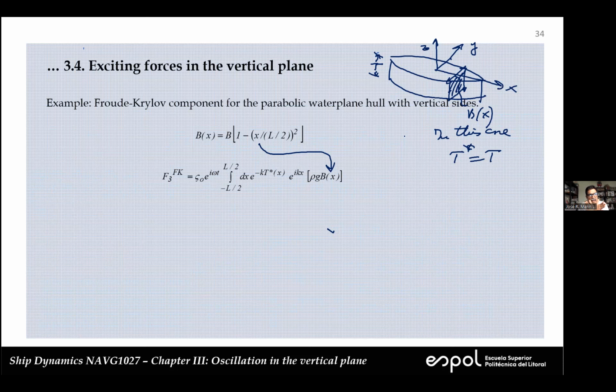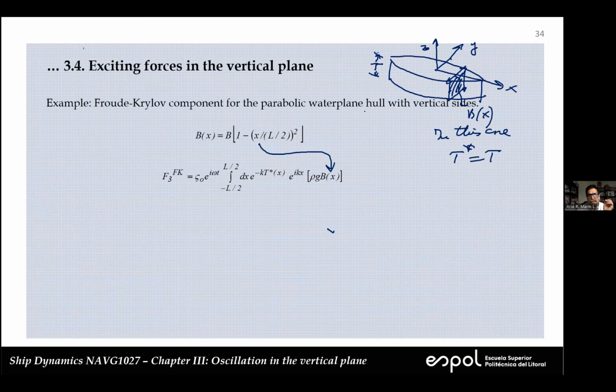So it starts at 0, increases, and then reduces slowly to 0 back in the aft. You know that this is not the ship, because in the ship usually there is some flare on the forward, and in the aft you have to leave space for the propeller. But in general, this is a good example, as you will see.